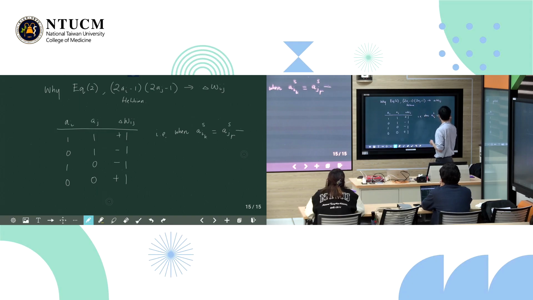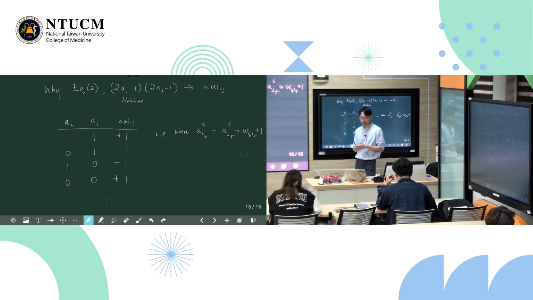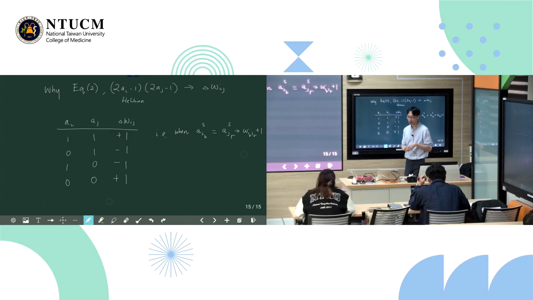Whatever its initial weight, add 1 to it. Whenever the state is the same, add 1 to it.